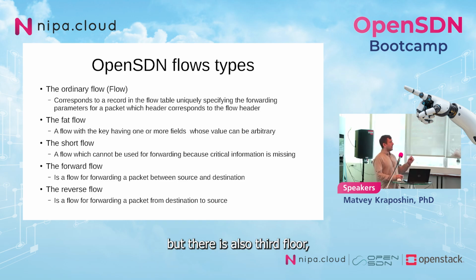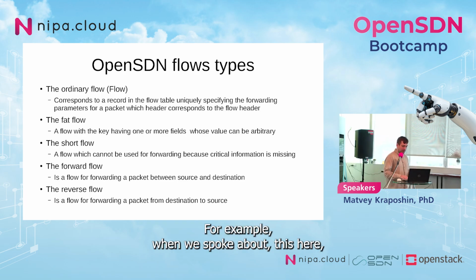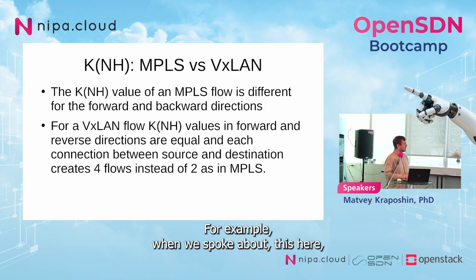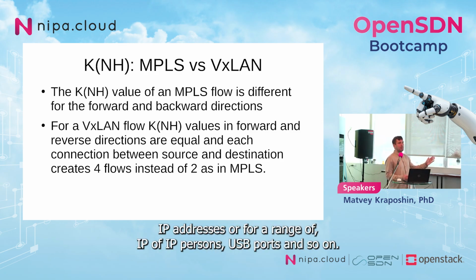But there is also a fat flow. A fat flow is a flow where any parameter in its key is substituted with star. For example, when we spoke about this, I told you that we can apply it for a range of IP addresses or for a range of IP ports, UDP ports and so on.